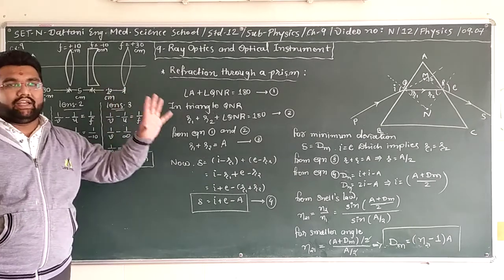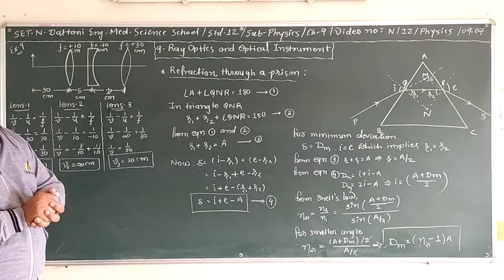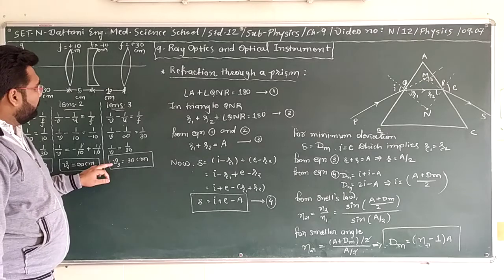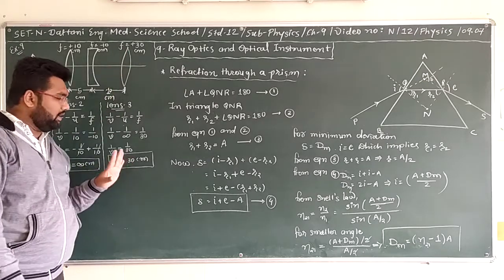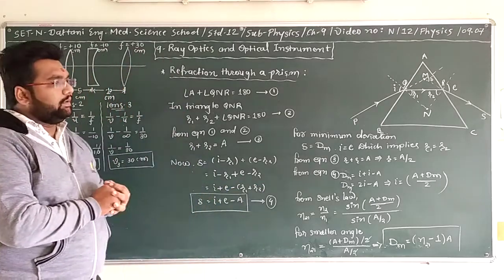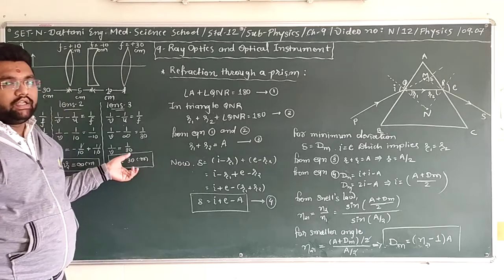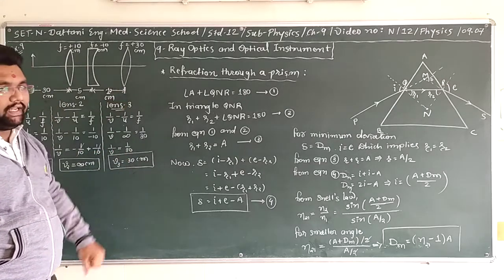If the object is at infinite distance, then the image will be formed at a distance equal to the focal length. The focal length of lens number 3 is 30 cm, so the image distance will also be 30 cm. So this is the final image, formed 30 cm from lens number 3 on the right side of the lens.